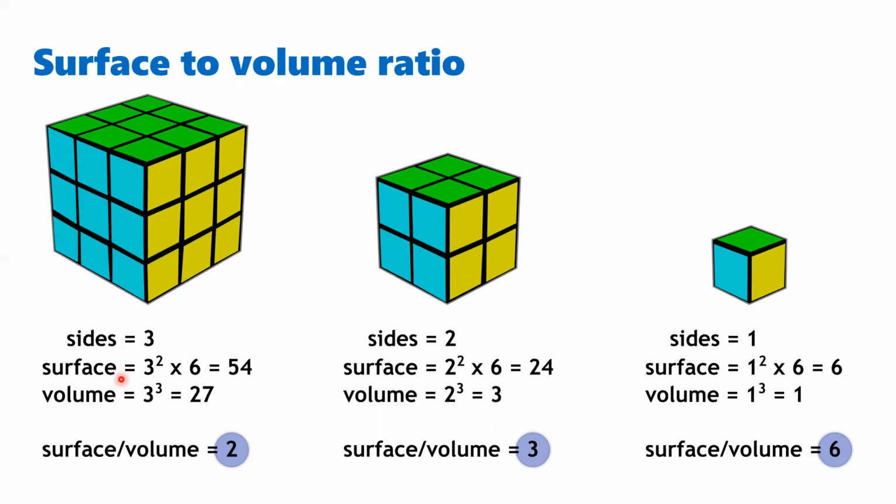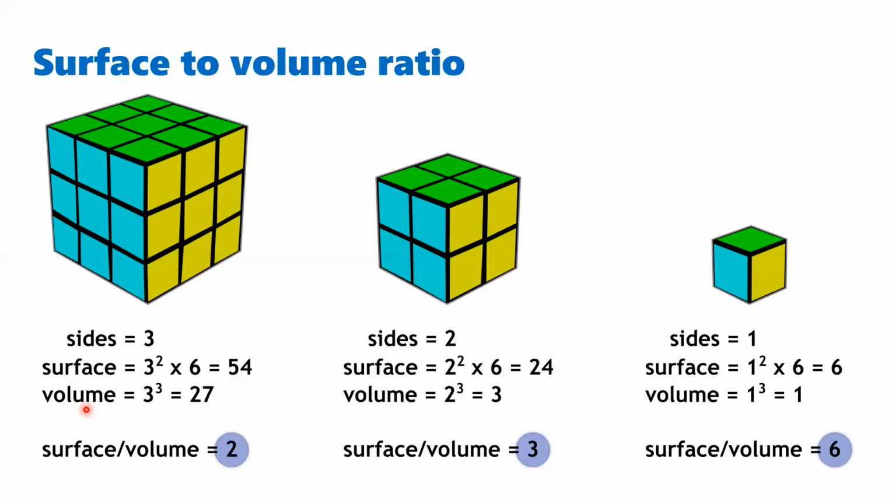The formula for calculating the cube surface area is equal to 6 into x square, where x is the side. So, number of sides in this particular bulk material or cube is equal to 3. Accordingly, 6 into 3 square, you will get 54. Now, what would be the volume of this particular cube bulk material?